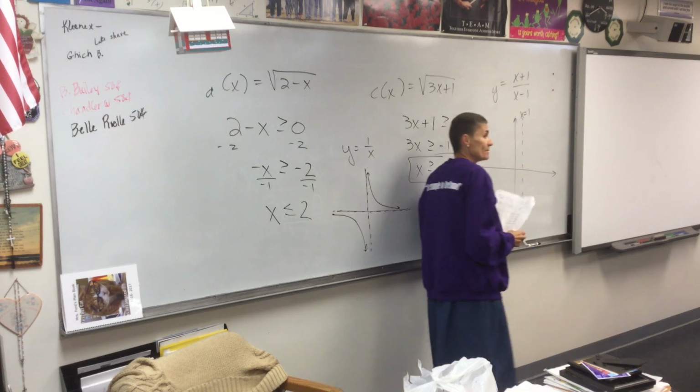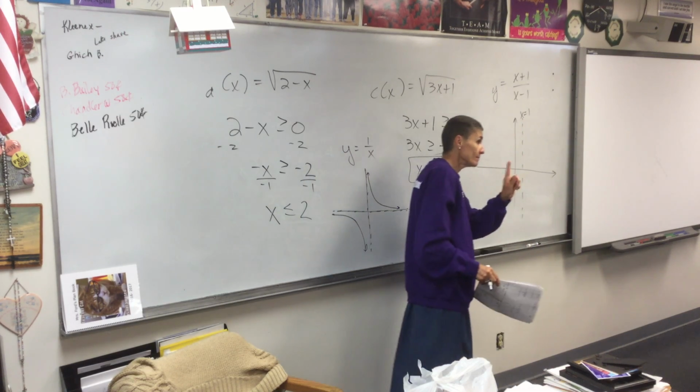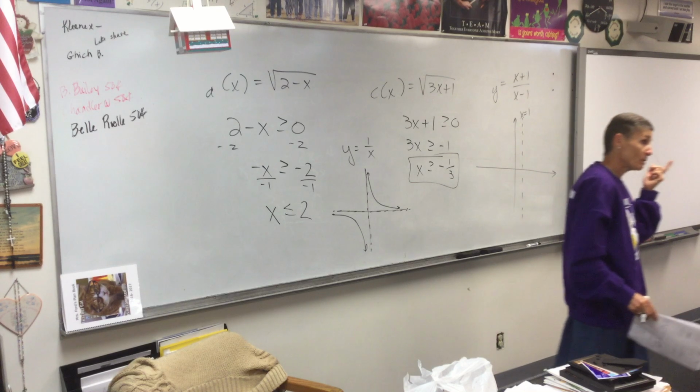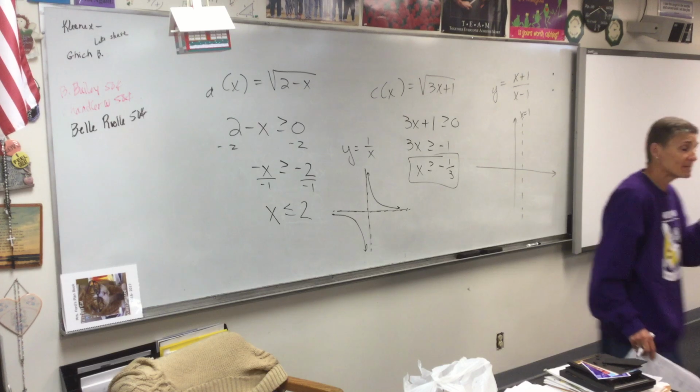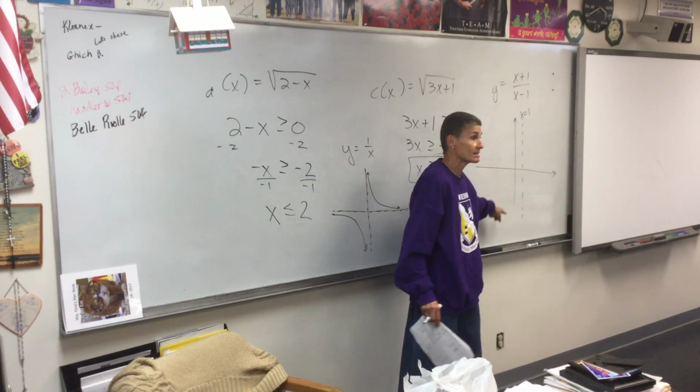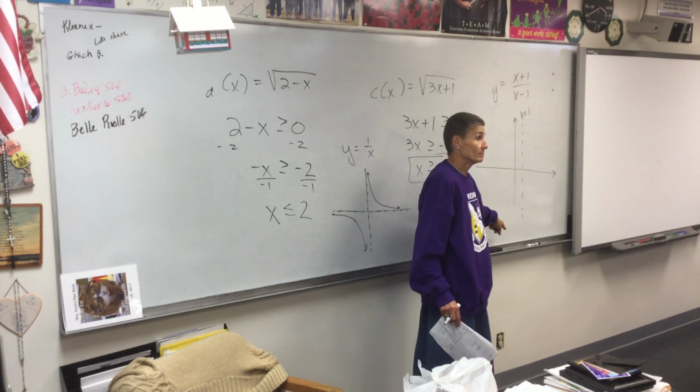So when you say to me, x can't be 1, and why can't x be 1? Because it would make a 0 in the denominator, and that's not allowed. Right? So when you say x can't be 1, that means your vertical asymptote is at 1.